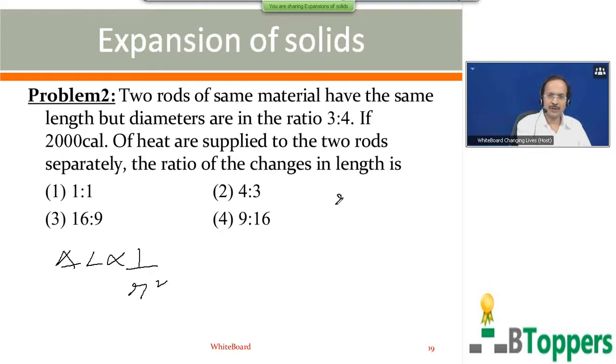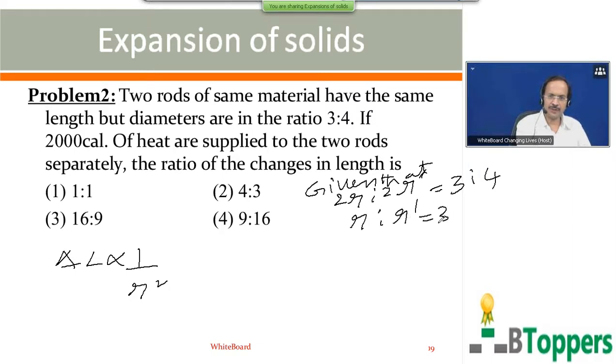So here, if small r is the radius of cross section of the first rod, the diameter of the first rod is 2r. Small r dash is the radius of cross section of the second rod, and the diameter of the second rod is 2r dash. This ratio is given to be 3:4. So the ratio of the diameters is 3:4, which means the ratio of the radii of cross section can be taken as 3:4.